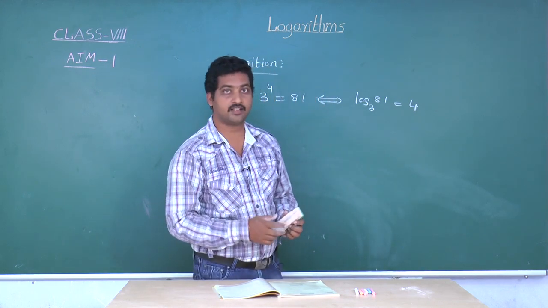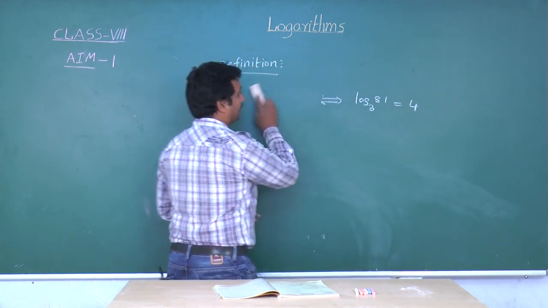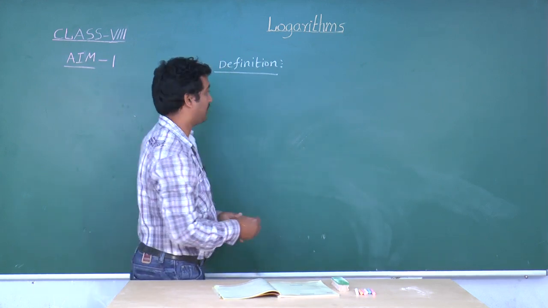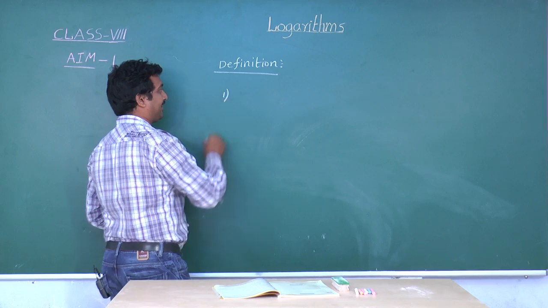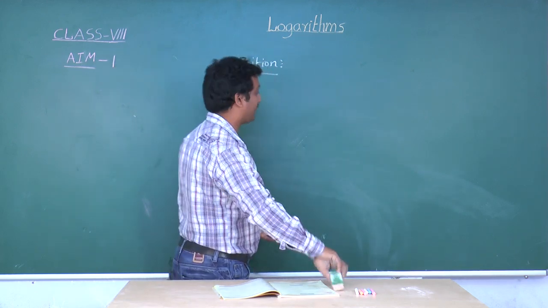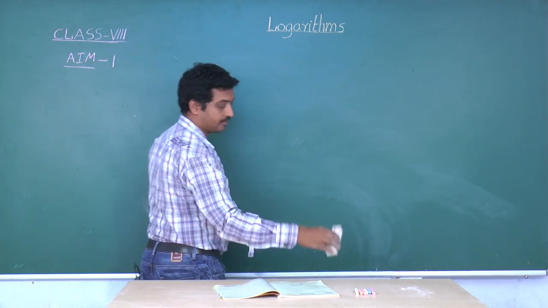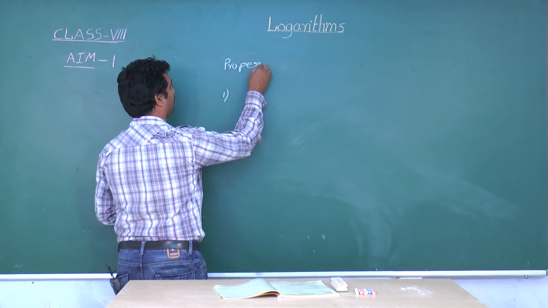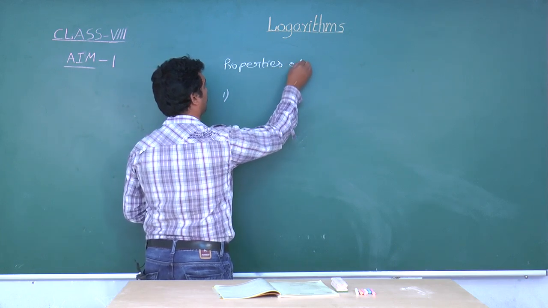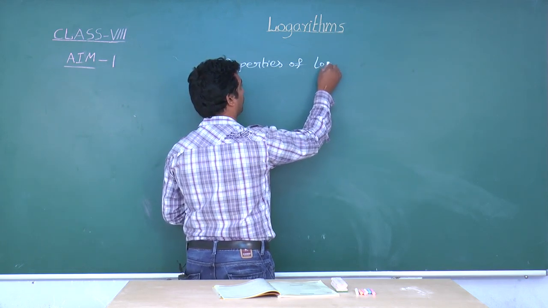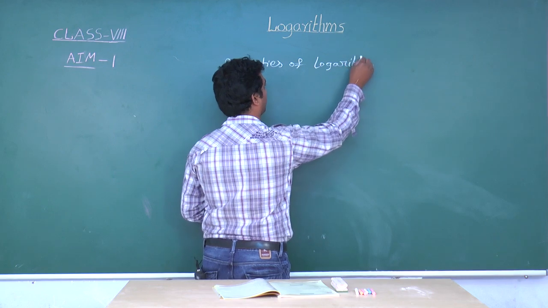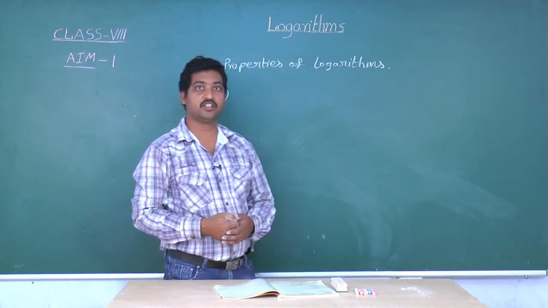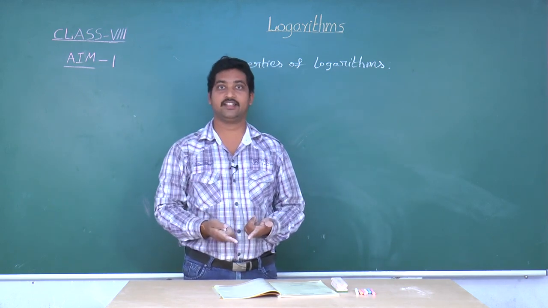Some properties are there for the logarithms. That means, the first property is properties of logarithms. We need to remember these properties while using the logarithms.